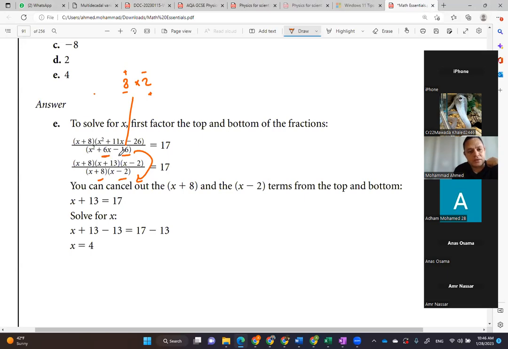The middle parameter is 6, so 6 came from positive 8 minus 2. When we add them, we do the addition to get the middle term. If we add negative 8 plus 2, I'm going to have negative 6, but this is not negative 6. So I'm going to use plus 8 minus 2. So x plus 8 and x minus 2 is the answer. I wish you get this part.